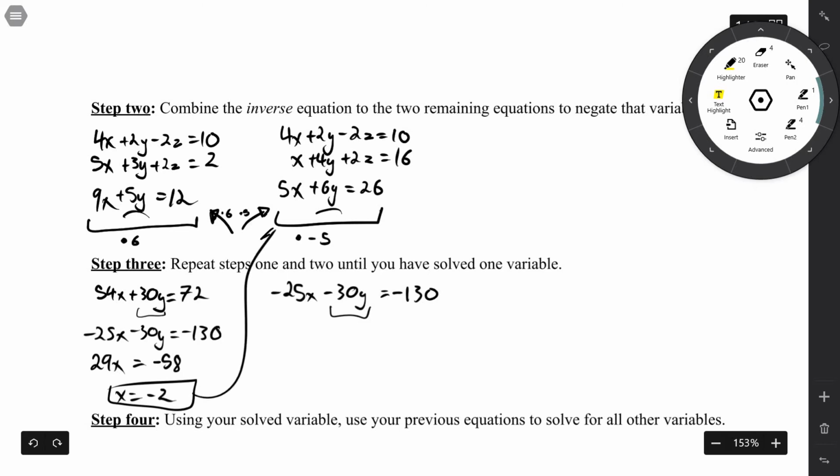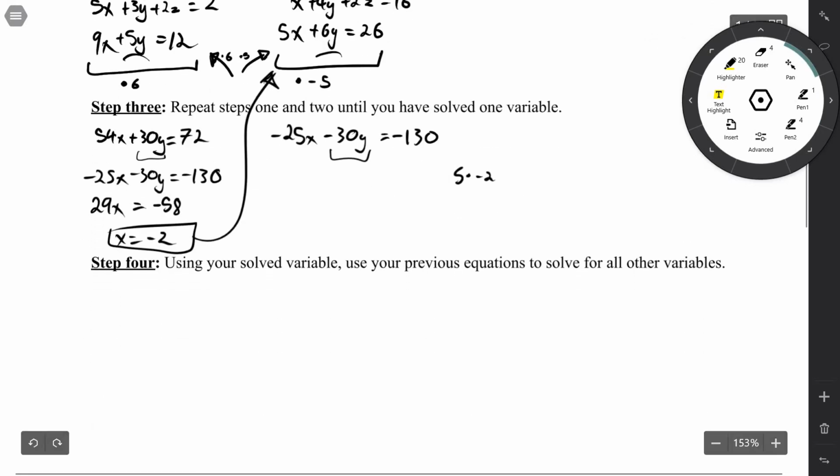I'm going to plug it in to either of these equations. It doesn't matter which one. So I'm going to take x and plug it into this right-hand equation. So we will get 5 times -2. Oh, let me actually follow my steps here.